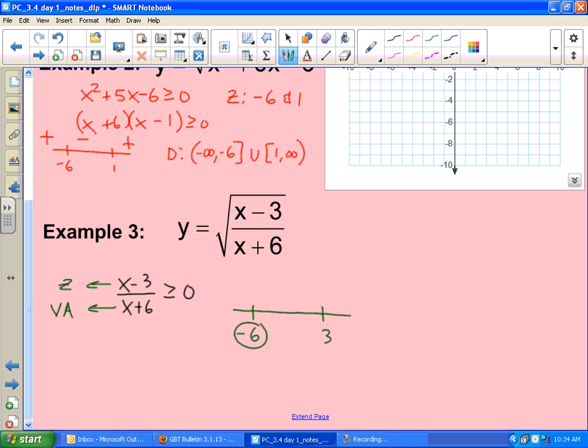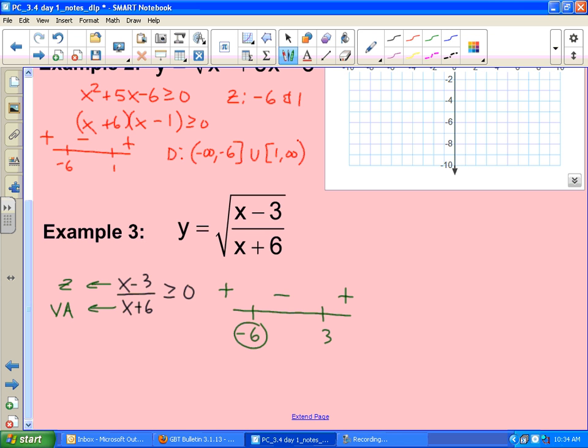Tell me what I'm going to get on the left-hand side, please. Okay, good job. -7 would make a -10 over a -4, which is a positive value. Zeros would give me a negative, and then 4 would give me positive. So there I see my answers.